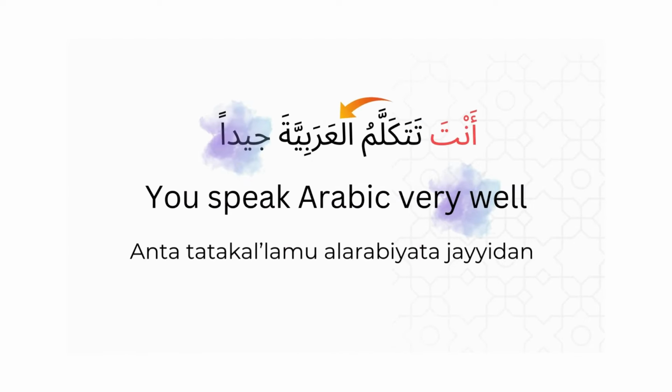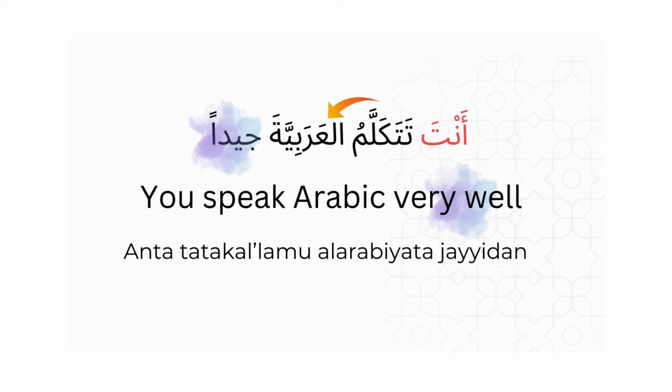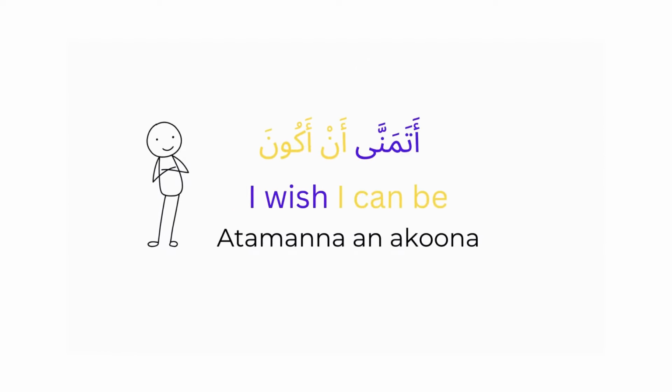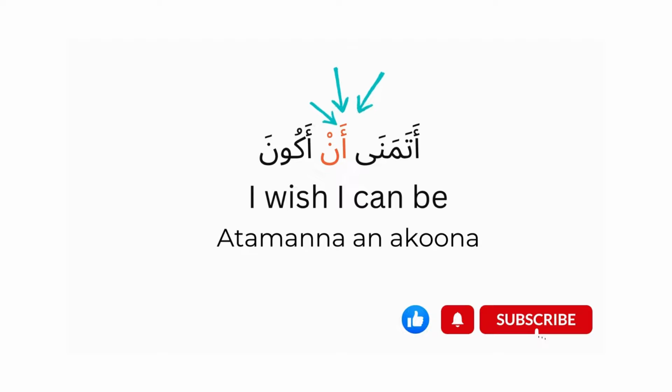And we say it like this. تتكلم العربية. أنت تتكلم العربية جيدا. Now to say I wish I can be, we have أتمنى, which means I wish, أن أكون. أتمنى أن أكون. I wish I can be.